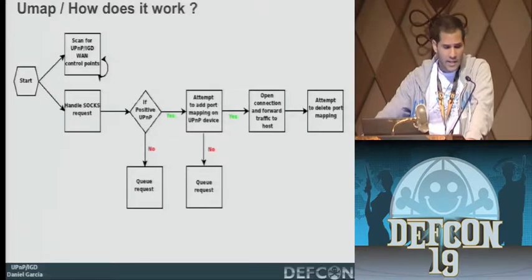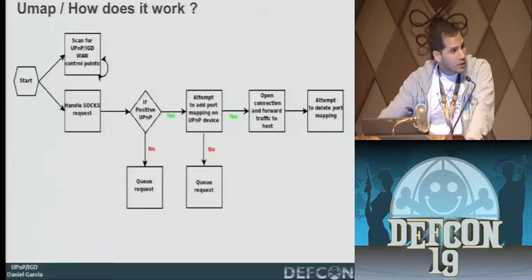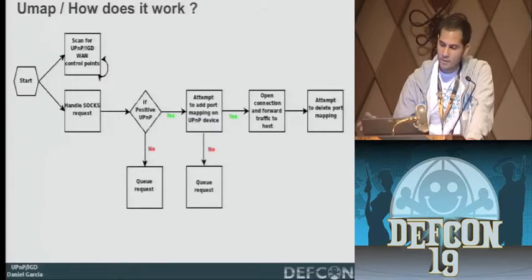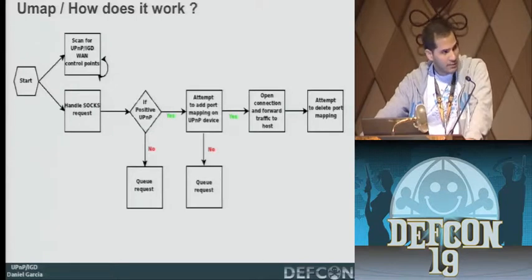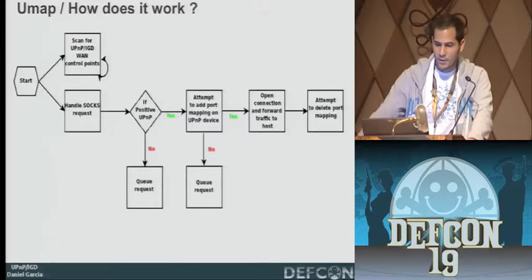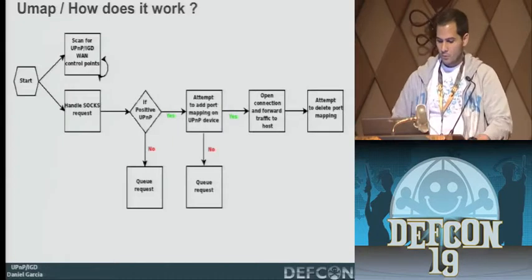And after that, it attempts to delete the port mapping. And this is very needed on UPnP, because UPnP does not allow an infinite amount of port mappings. Actually, some devices allow as little as 10 port mappings at a time. So if we actually did a port mapping for every connection, we wouldn't have a very accurate or a very good connection.